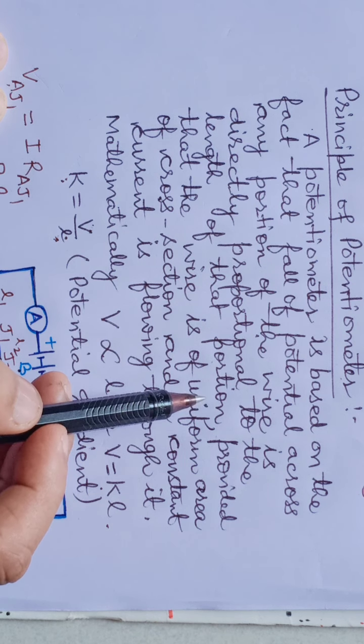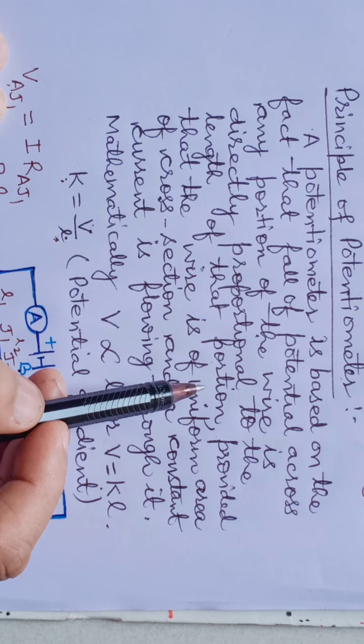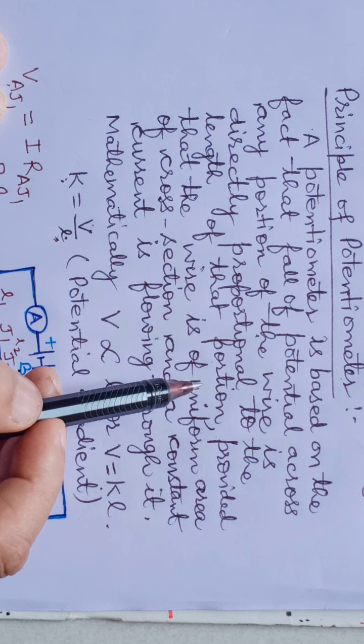Also recall that the length between A1 was 10 centimeter, length between AA2 was 30 centimeter, length between AA3 was 70 centimeter.